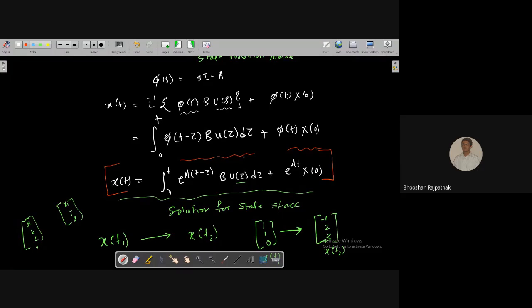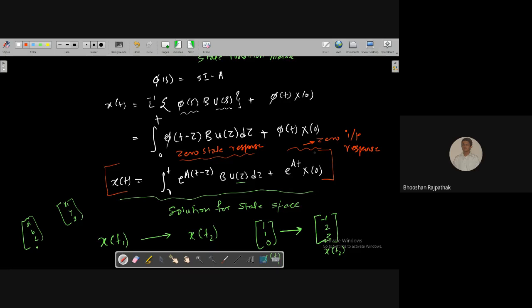This is called zero input response, and this is called zero state response. So the x of t is comprised of two parts, zero state response and zero input response.